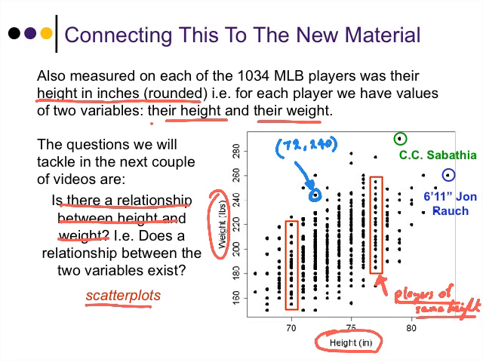Notice here as well there are outliers. You could think of this box as being, given a fixed height, the distribution of weight.